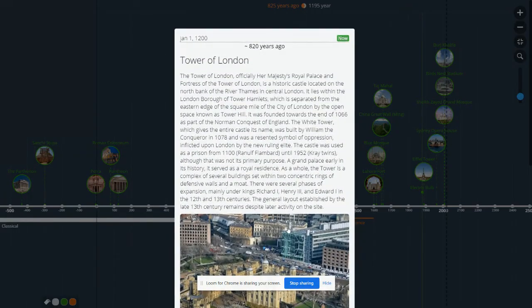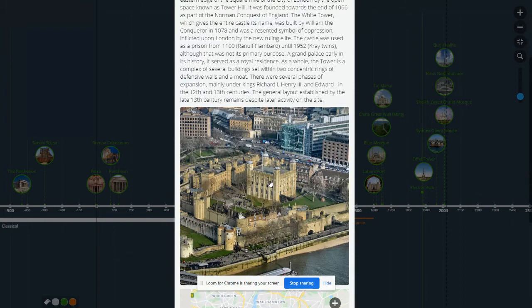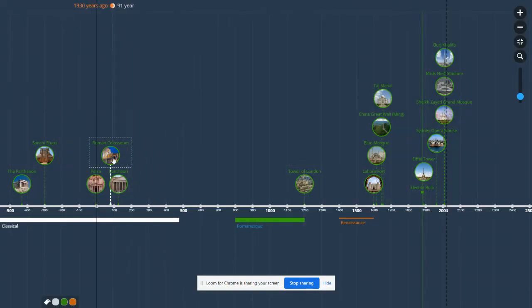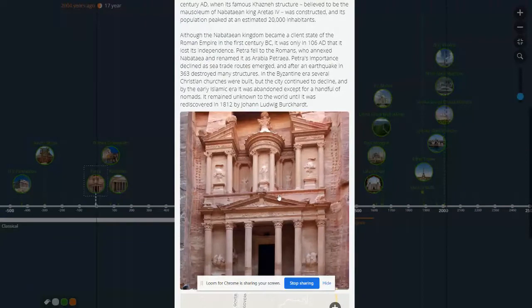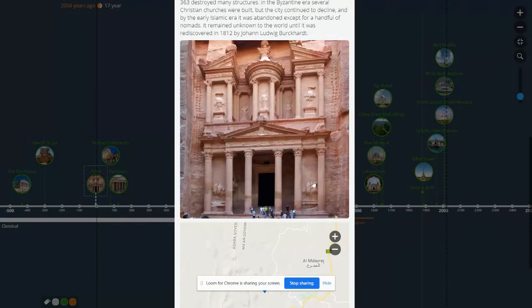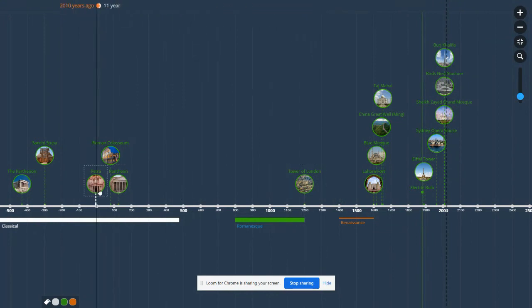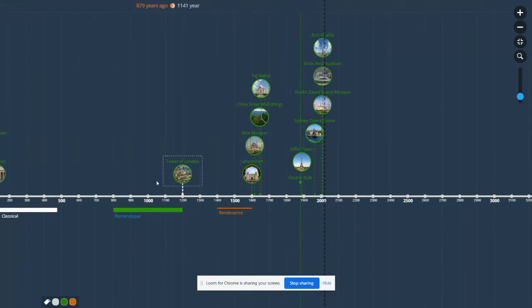So you can imagine that the Tower of London comes from an architectural pedigree that finds itself in the Roman Colosseum and the Pantheon and even the Petra, about 2,000 years ago, where you can see that sort of Greek columns and the facade there. You can see the connection, you can see the links. But those are separated by 1,000 years.